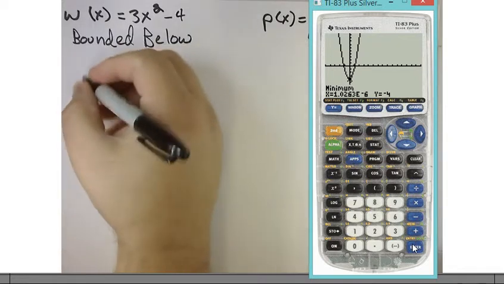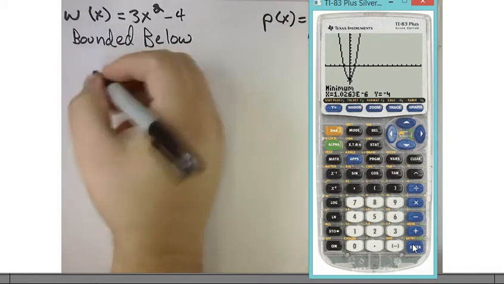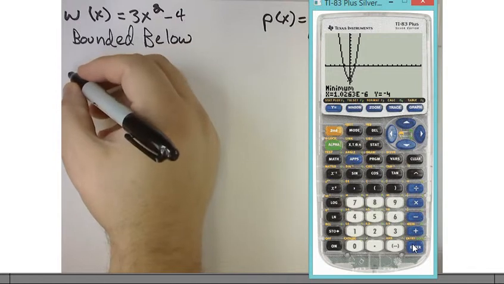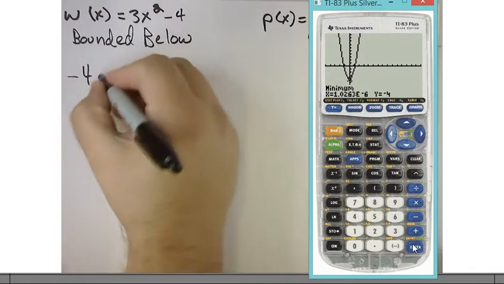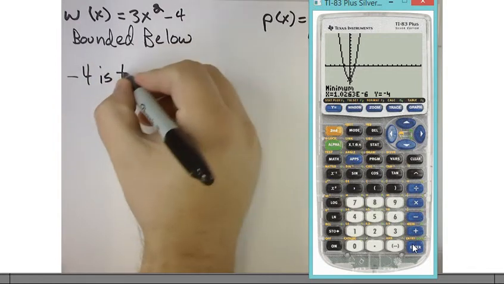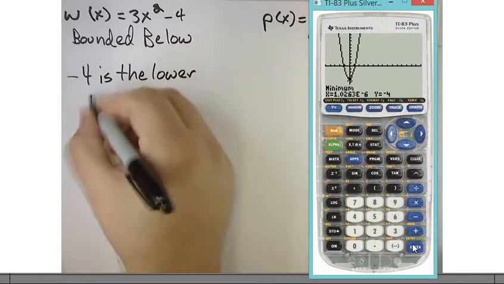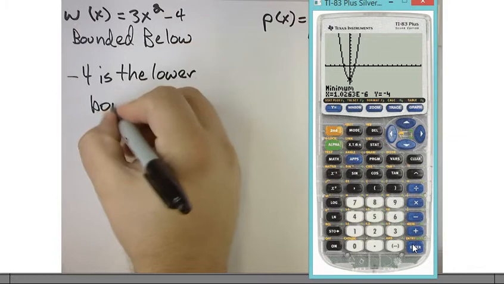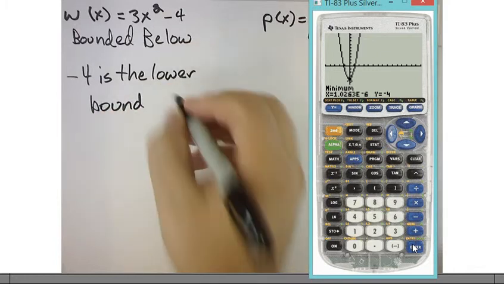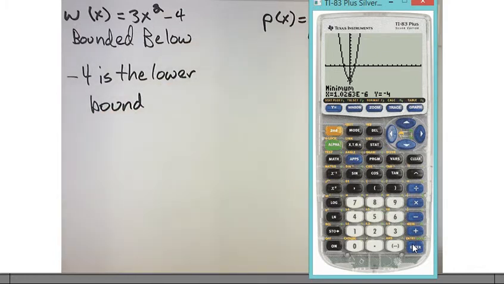So what we're finding here is that -4 is the lower bound. Okay? Does that make sense?